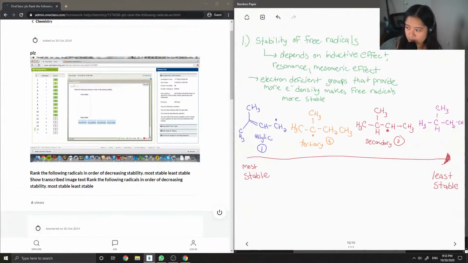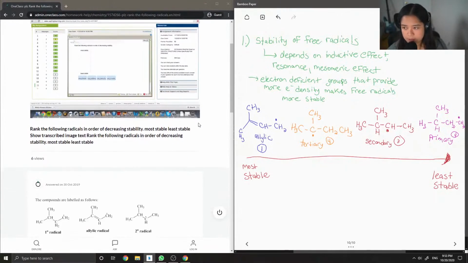Just gonna fit it at the very end. Okay, and as you can guess, primary free radical is when your carbon is only connected with 1 other carbon.